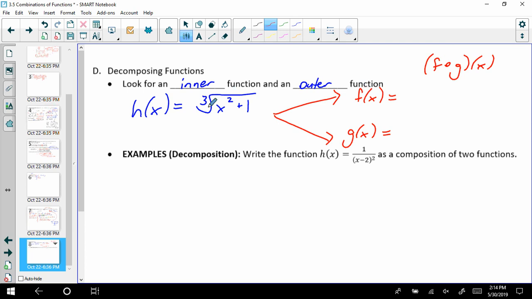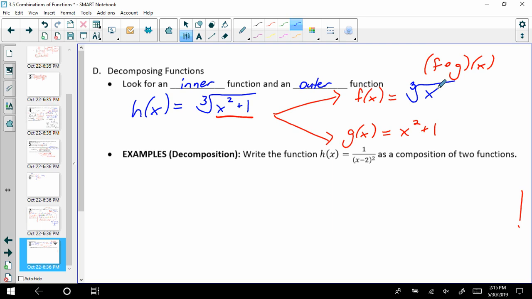So if I look at this function, what's inside? Well, x squared plus 1 is inside of the cubed root, so let's try that. If I let g equal x squared plus 1, then f would have to be everything that's left, or like the skeleton. So it would have had to have been the cubed root of x.